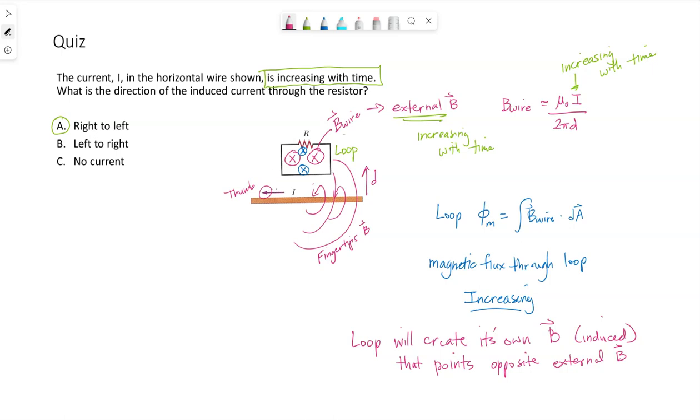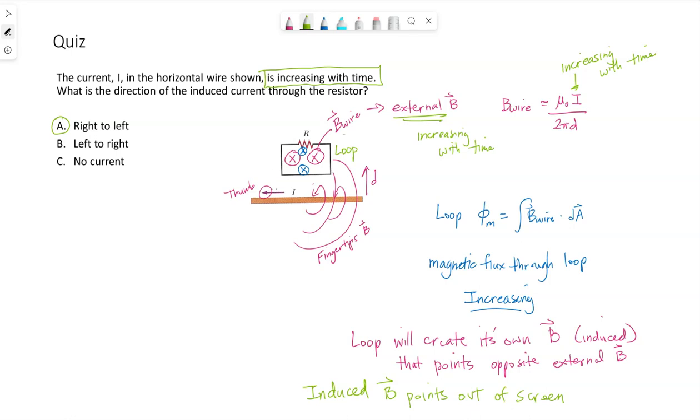So as we've already mentioned, the wire is creating a magnetic field within that loop that points into the screen. So the induced magnetic field points out of the screen.